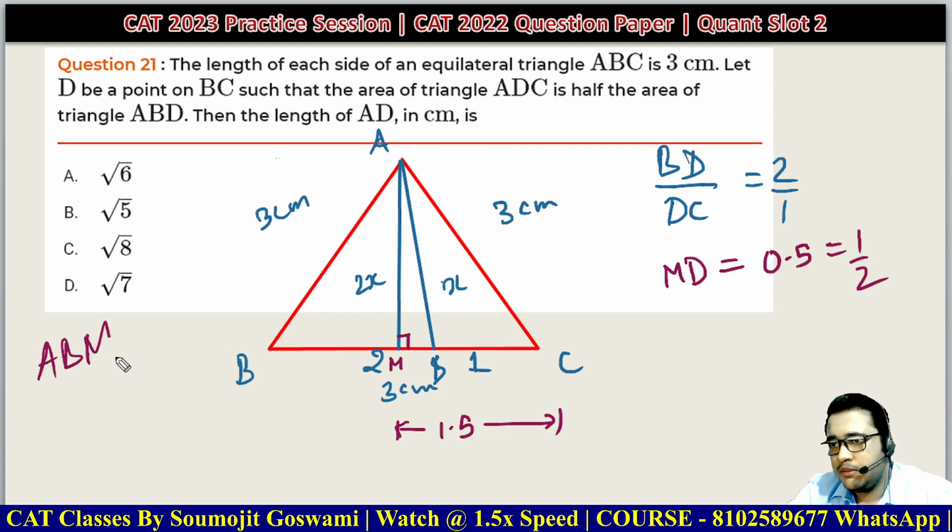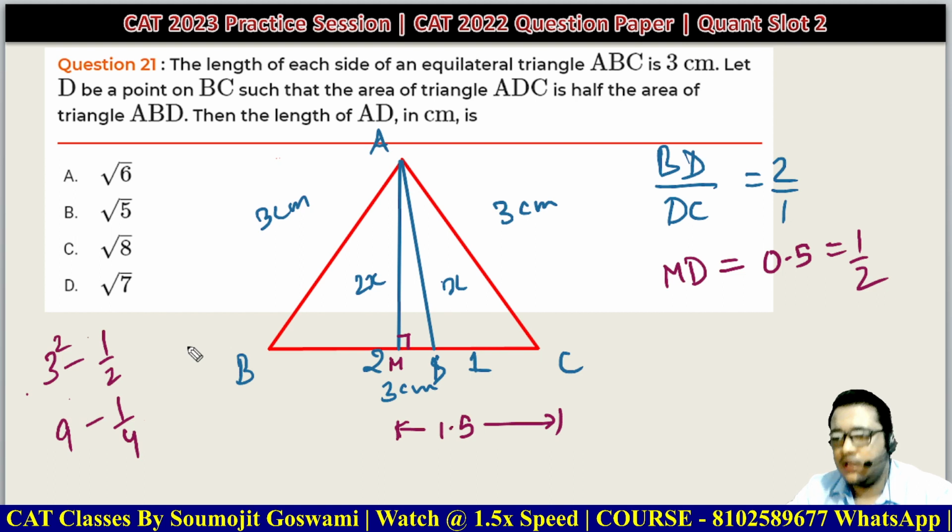So in ABM, if you apply Pythagoras theorem, you will realize I am searching for AM, that is going to be 3 square minus half square. I'll directly write this. Minus half square, this is going to be 9 minus 1 by 4, not the square. Okay.